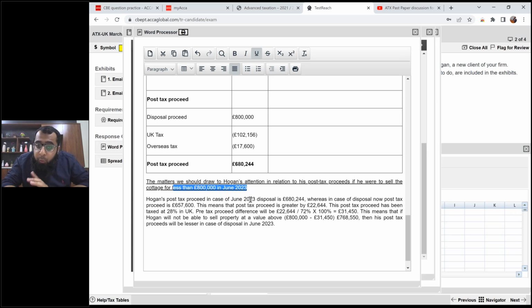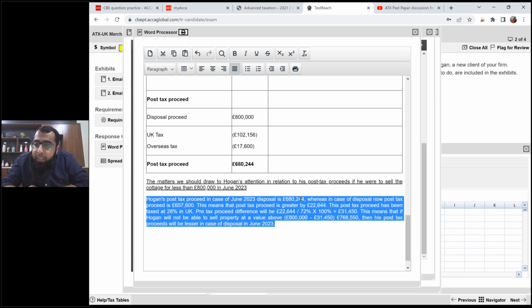Hogan's post-tax proceeds in case of June 23 are 680. Whereas in case of disposal now, post-tax proceeds are 657. This means that post-tax proceeds are greater by 22,644.